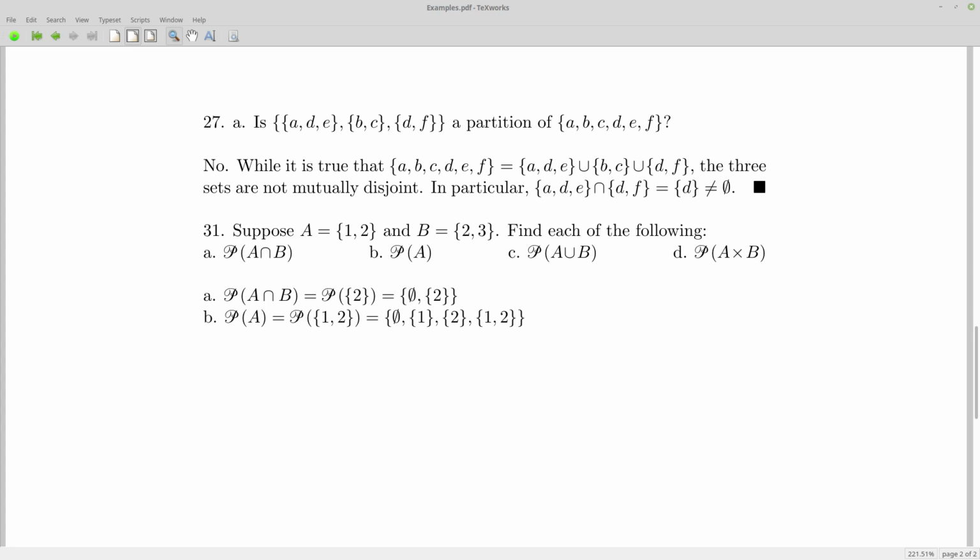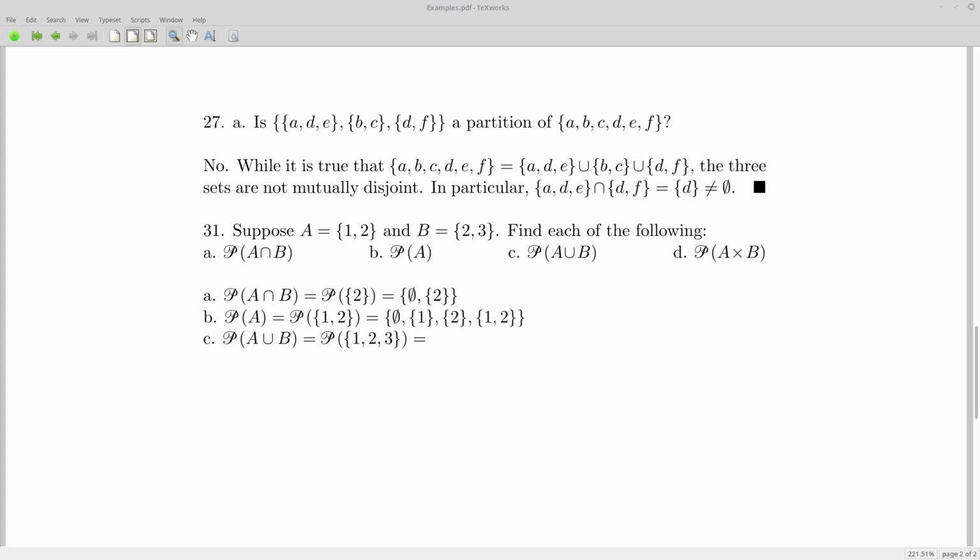So I bring that up because now we look at part C, power set of A union B, and we can see explicitly that A union B is a 3-element set. And so we should expect to see 8 elements in this power set. 2 to the third power equals 8.